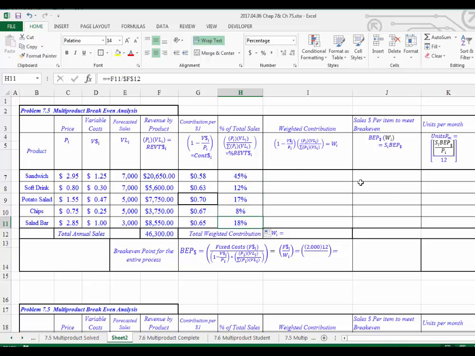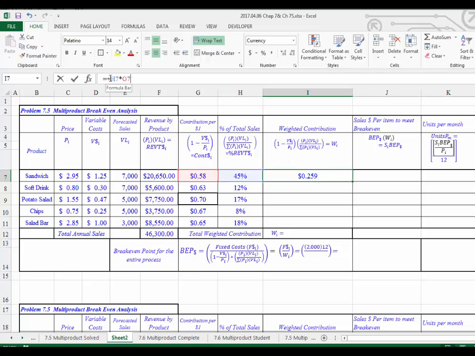Now we're over here to calculate the weighted contribution. This is the number we're trying to get. Remember, we get this number by taking essentially 45% of 58 cents. So we're going to take this and multiply it by here. And here we can see that our contribution overall is 0.259.